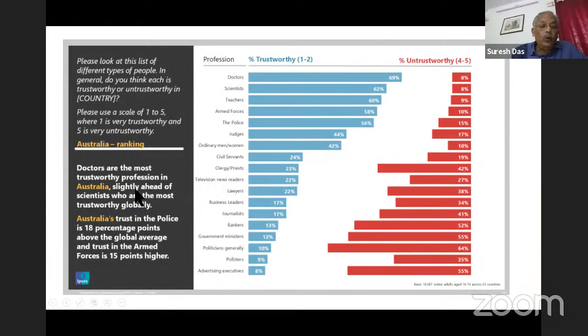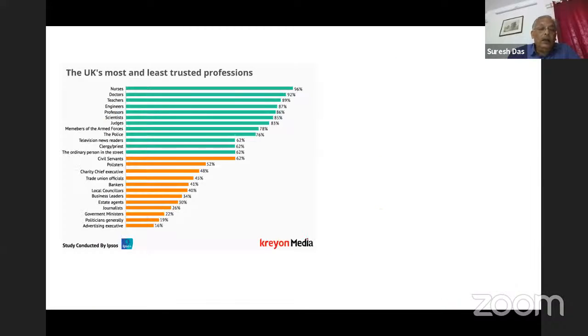If you look globally, you will see that generally people have a lot of trust in scientists. Let us take another country, the UK. Interestingly, nurses and doctors are trusted most, but you can see fairly near the top the term scientist still exists. The pattern is almost exactly the same as in Australia.